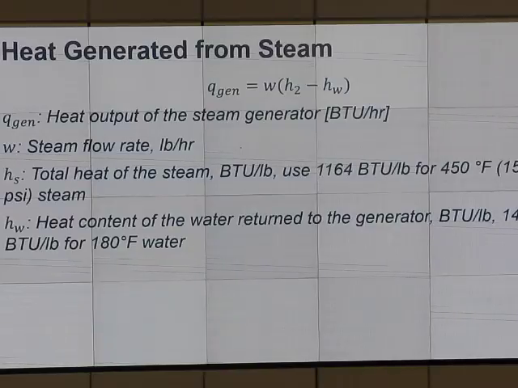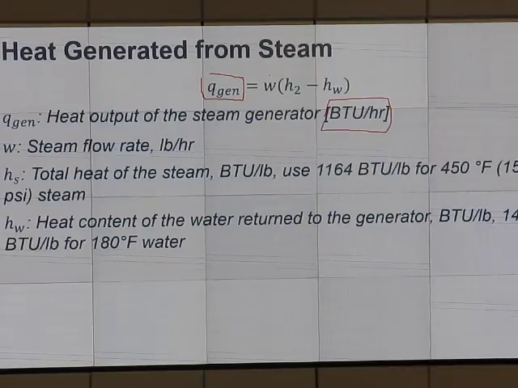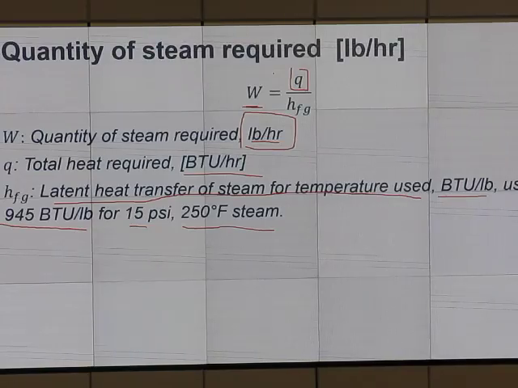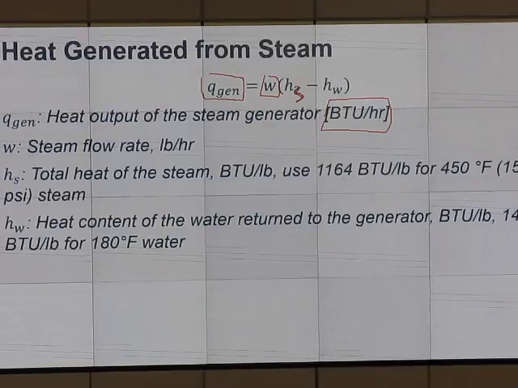After you know how many pounds per hour, then you know we heat steam from what temperature to what temperature, or how much is the difference in enthalpy. We use this equation. Qgen, heat output from the steam generator in BTU per hour, equal to W, steam flow rate, pounds per hour, that we get from the previous equation, right? Multiplied by delta H. I think I should say HS minus HW. HS is total heat of steam, BTU per pound.